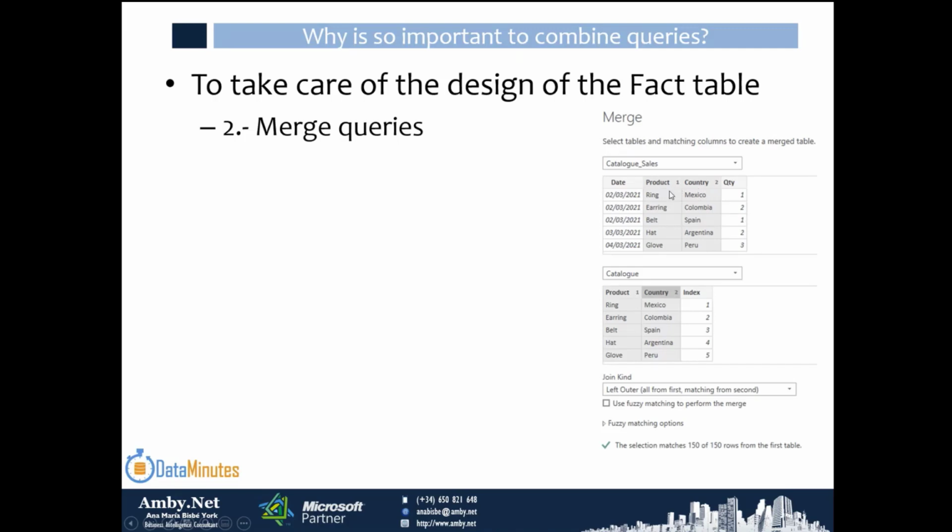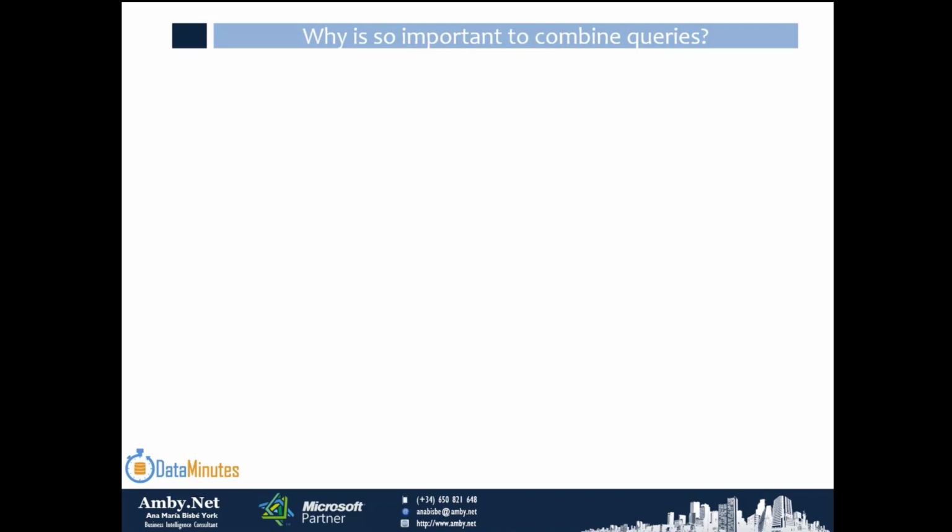If we merge queries using two columns, so joining by more than one column, we will obtain the solution, because with the index we are able to expand into the catalog sales fact table and just do some cleansing, and that will be all.